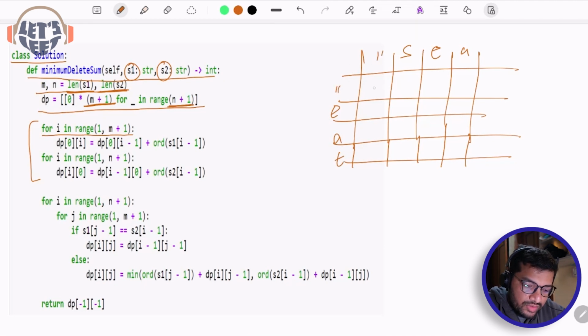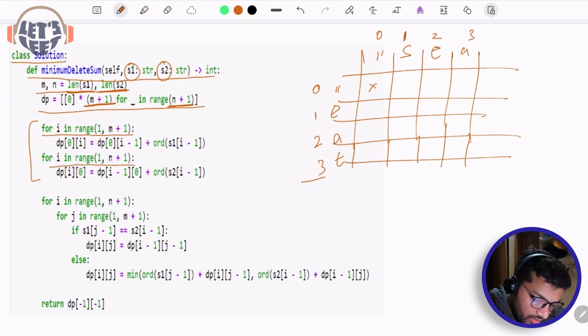This was blank. So ignoring the first cell, we started from here. This is 0, 1, 2, 3. This is 0, 1, 2, 3. We started our loop from the first index going until the third row, and here also we started the loop from the first index going until the n plus 1 row till here.